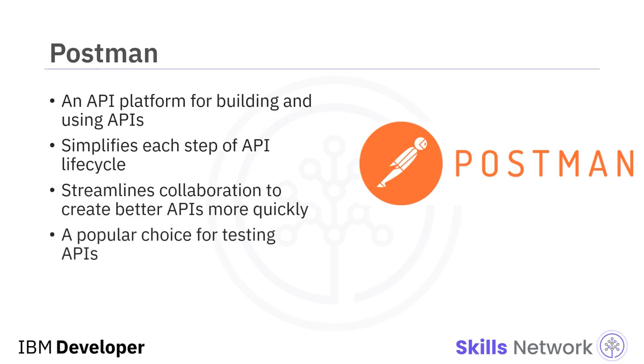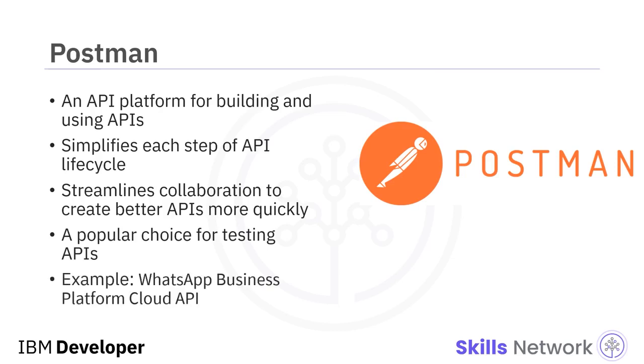And due to its simplicity, it is one of the most popular and convenient tools for testing a wide variety of APIs supporting many protocols. For example, HTTP requests like GET, POST, PUT, and PATCH, and then convert the API to code for languages like JavaScript and Python.